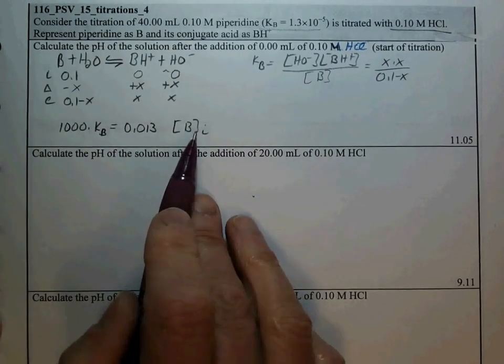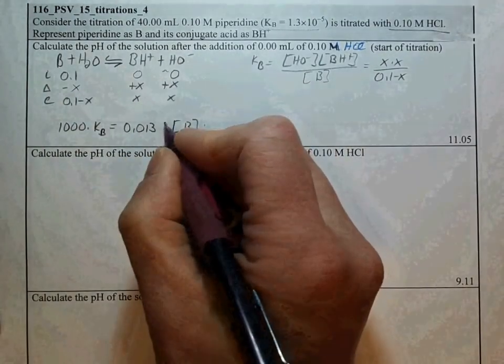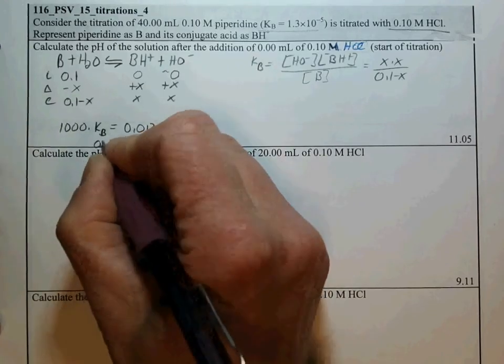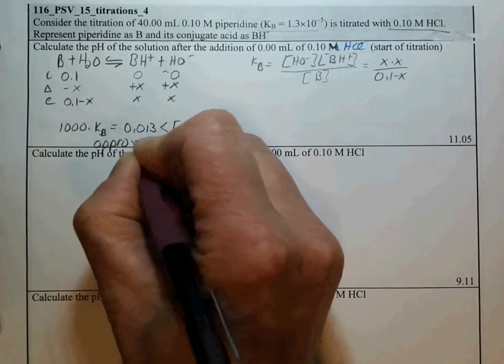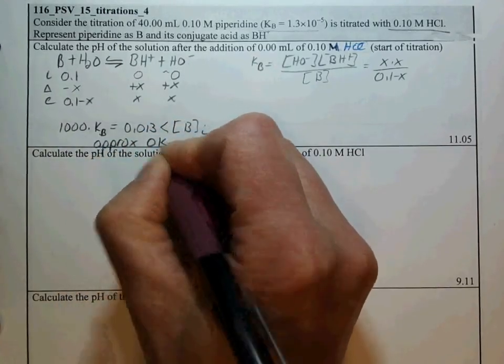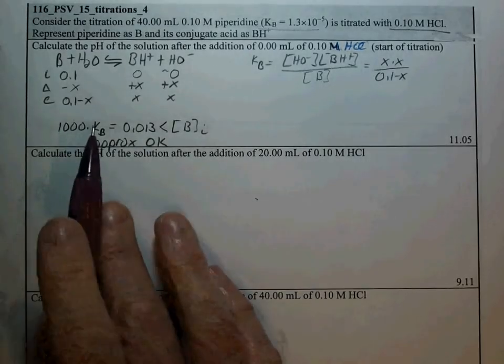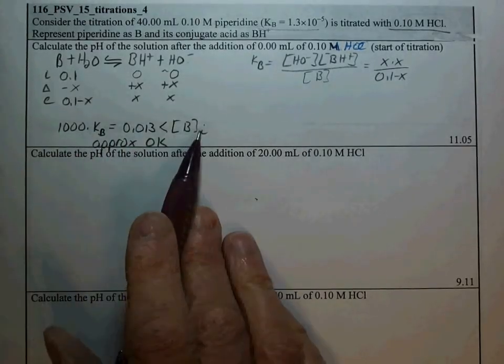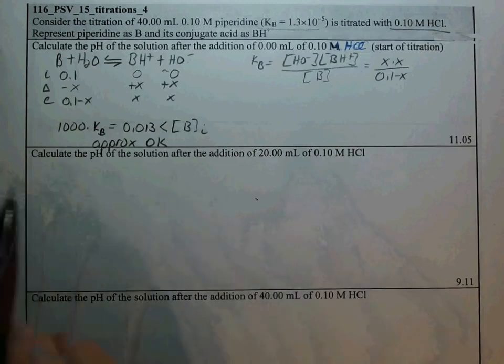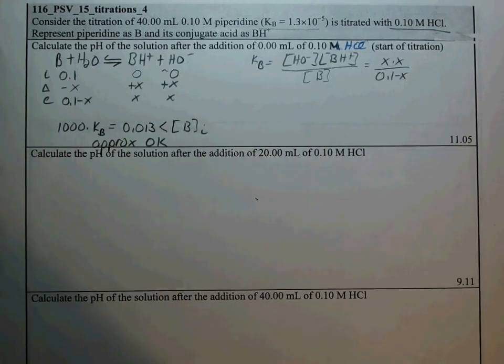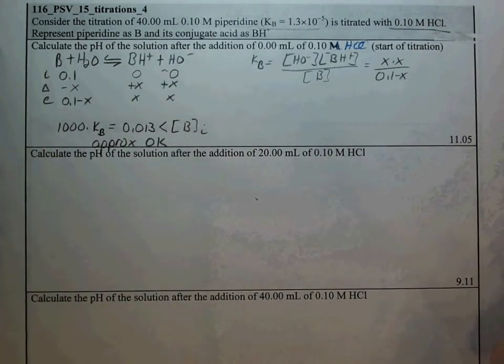Our initial concentration is 0.1, so we're good. We know that our approximation is valid, because 1,000 times Kb being less than our initial concentration is equivalent to less than 5% of this reacting.